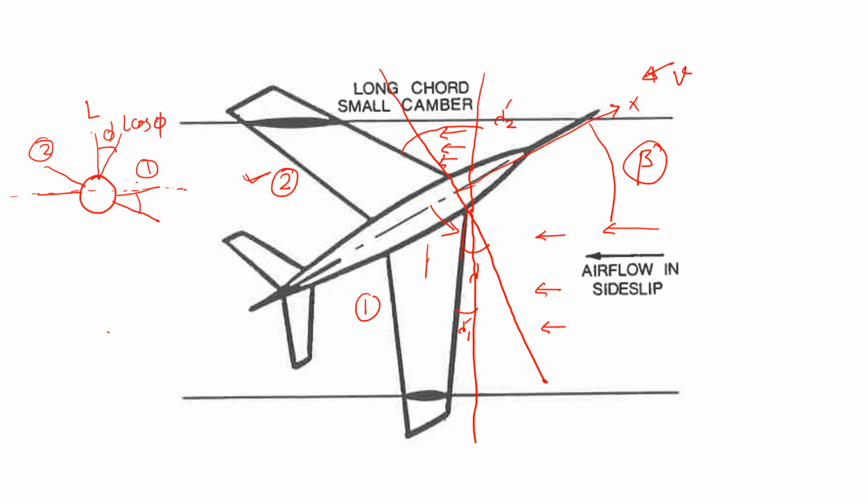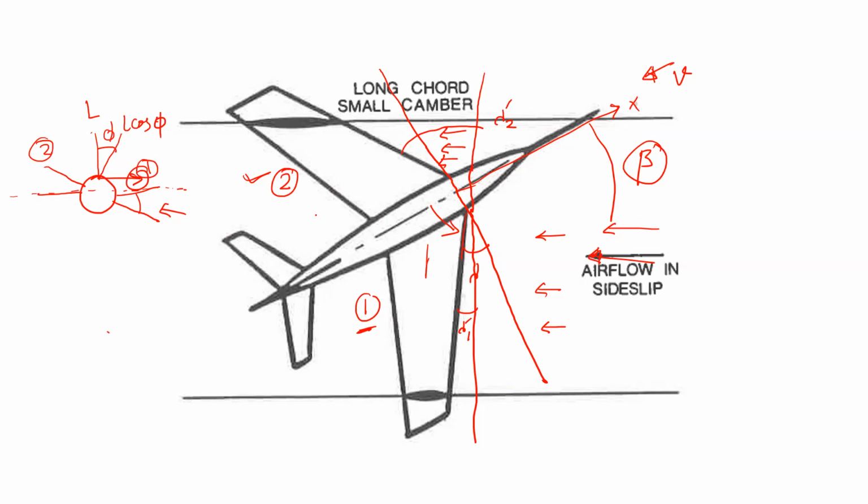So this L cos phi is acting like this, and therefore the aircraft will be receiving extra air from this side, not extra but the relative wind. So beta exists on this side, on the side of wing section 1. So wing section 1 is below the level and 2 is above the level. Okay, so that is happening here.